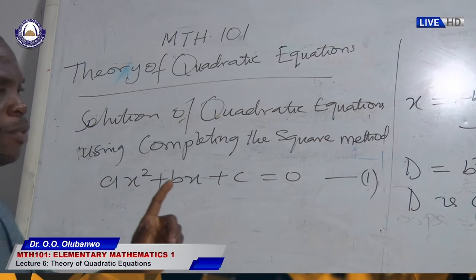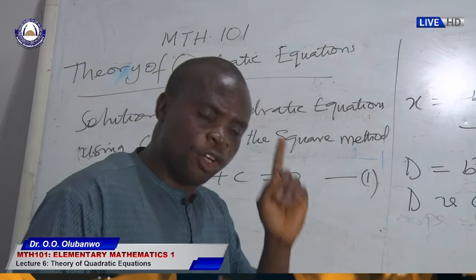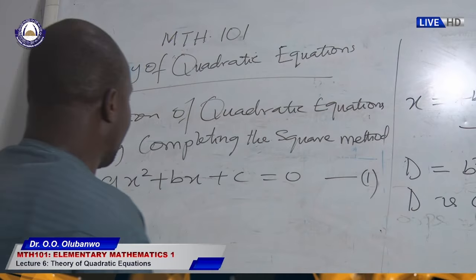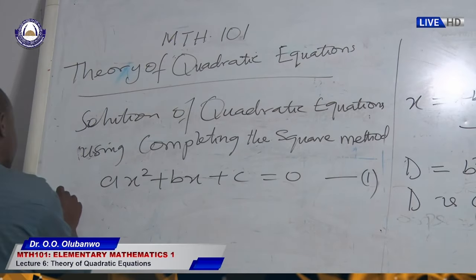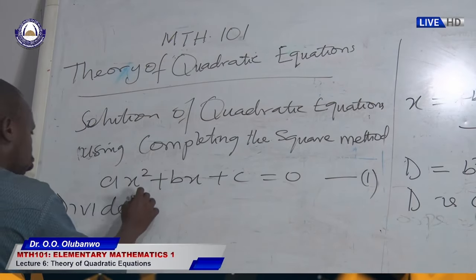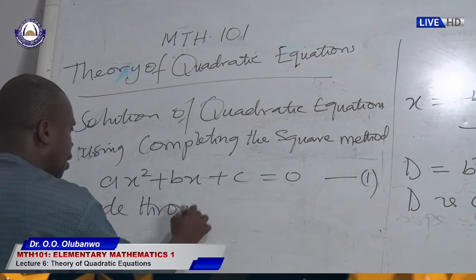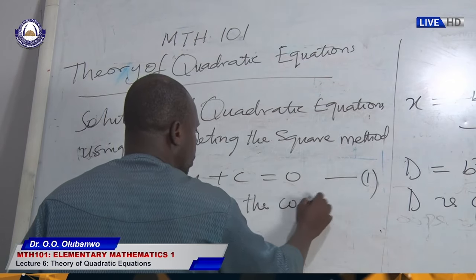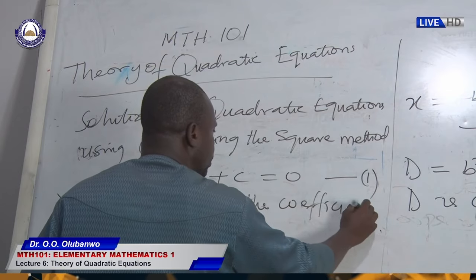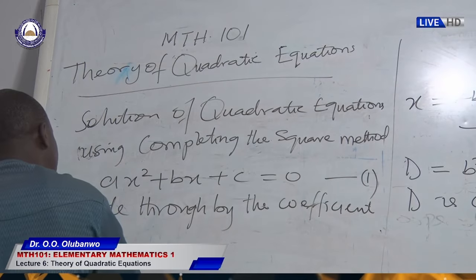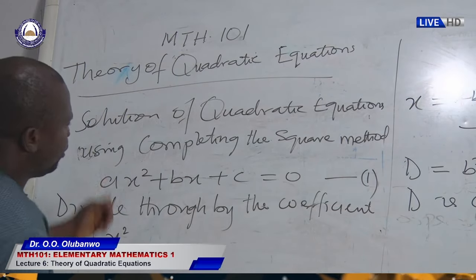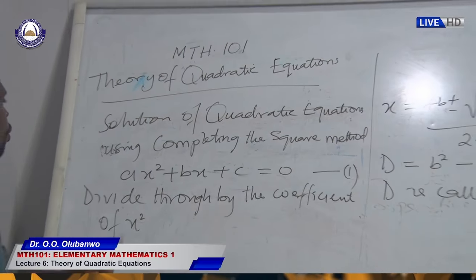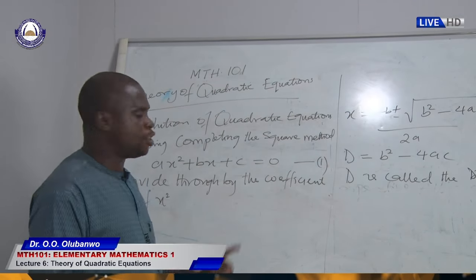The first thing we have to do here, based on the completing the square method, is to divide through by the coefficient of x squared. Looking at this equation 1, for x squared, the coefficient is a. For x, the coefficient is b.